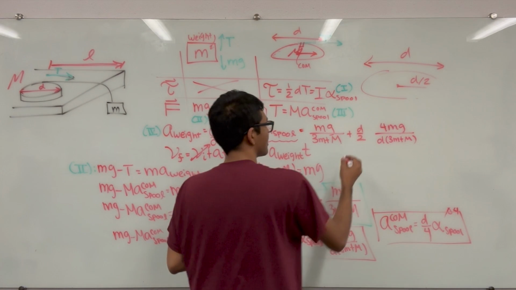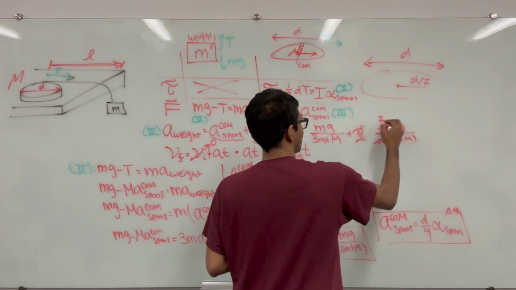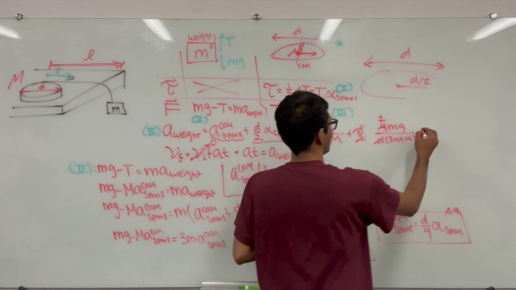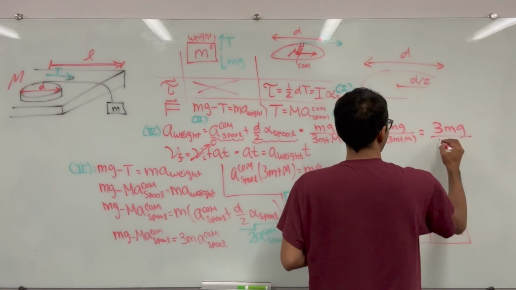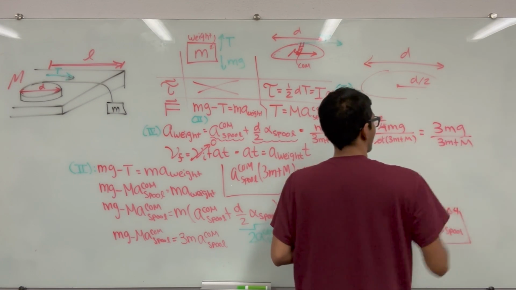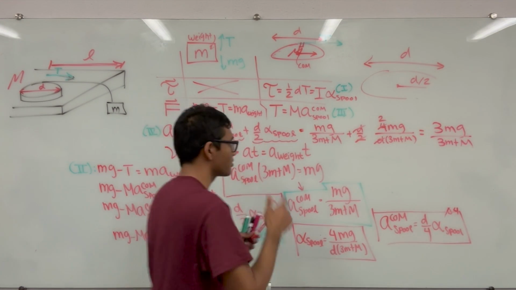So now let's cancel out the things over here. This works out to be what? 2mg plus mg is 3mg divided by 3m plus capital M. So that is the acceleration of the weight.